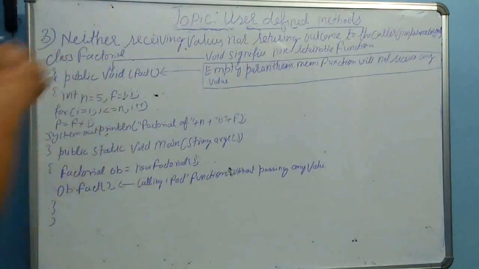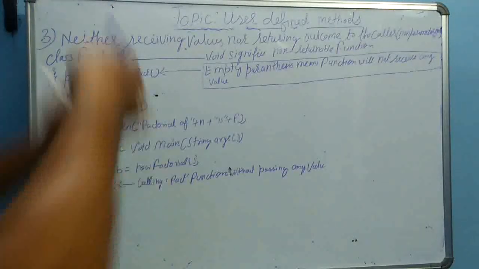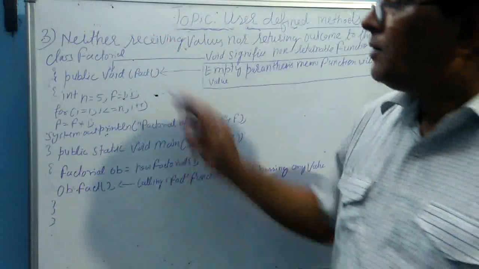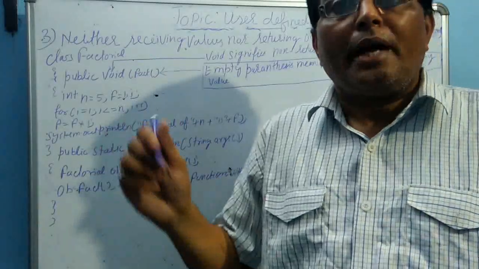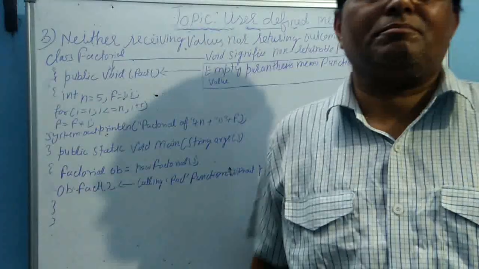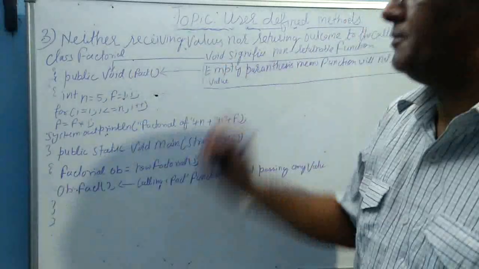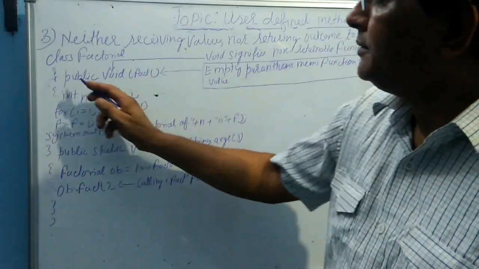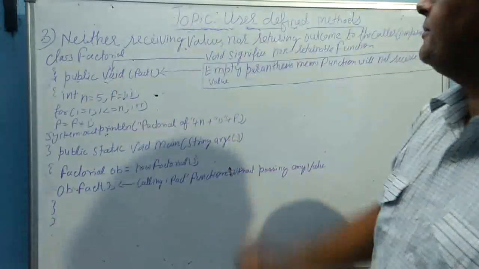Now how will it work? Now you see very carefully and you can observe very interesting things in this program. Refer to the function header: public void fact, these are the header.